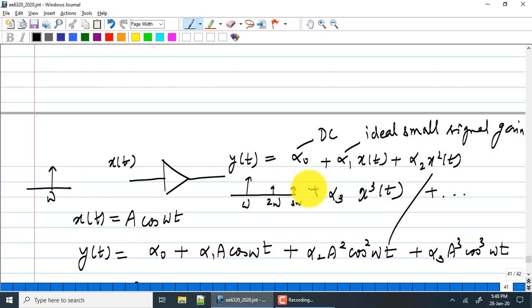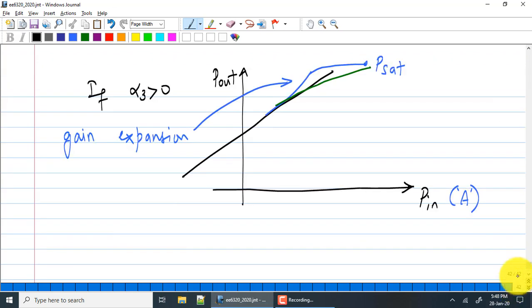Any questions so far? If not, I'll stop here. If possible, try to figure out what will happen if you put into the same nonlinear block A cos omega 1t plus A cos omega 2t.